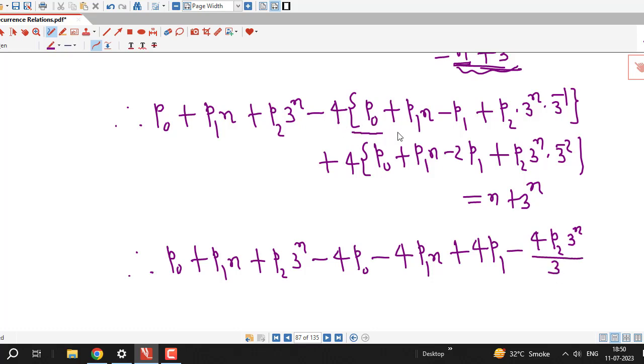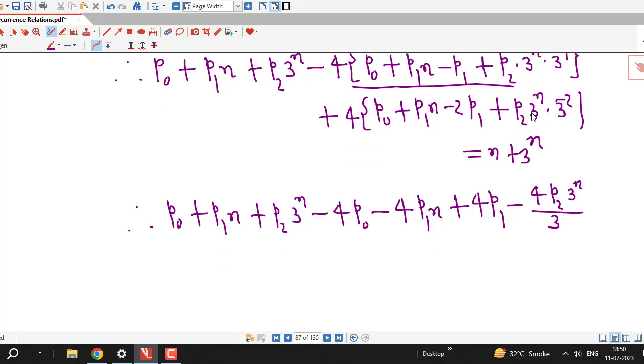I am multiplying this bracket by minus 4, and I have minus 4P0 minus 4P1n plus 4P1 minus 4P2 3 raised to n into 3 raised to minus 1, which is 1 by 3.